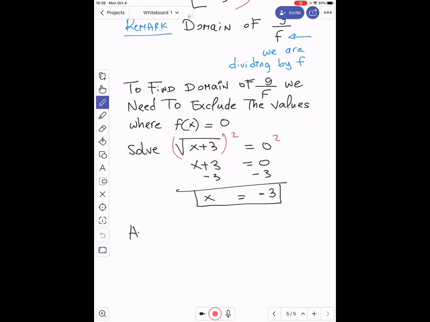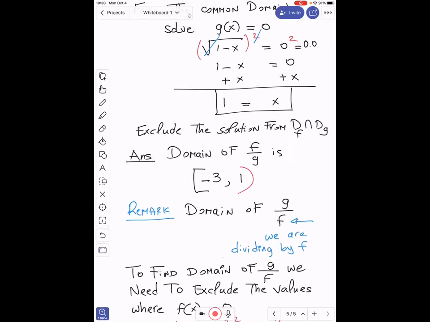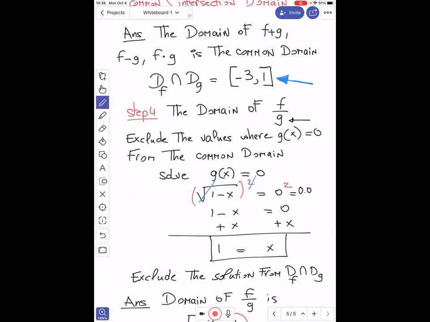So this is the answer for the domain of G over F. We need to exclude this negative 3 from the common domain. The common domain is this domain right here.